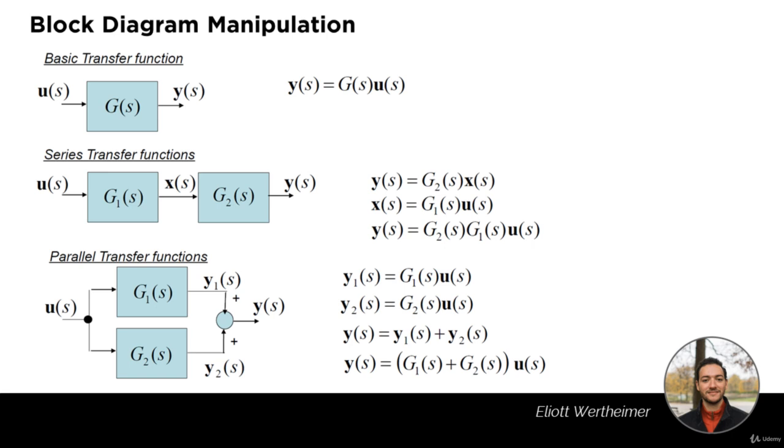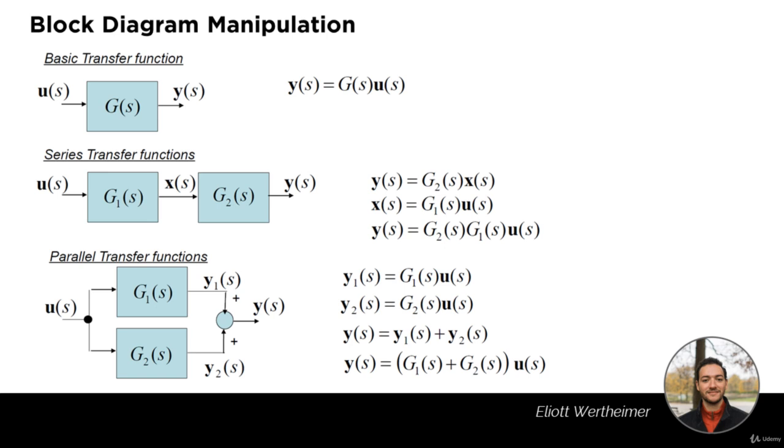So here we have series transfer functions. You have a transfer function G2(s) taking in the output signal of another transfer function G1(s). So first, let's look at G2(s). G2(s) actually takes in X(s) and outputs Y(s). So you can write for G2(s) that Y(s) is equal to G2(s) times X(s). Now looking at G1(s), it's exactly the same thing.